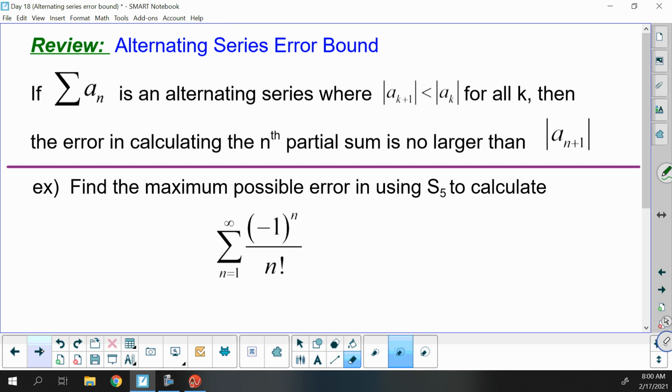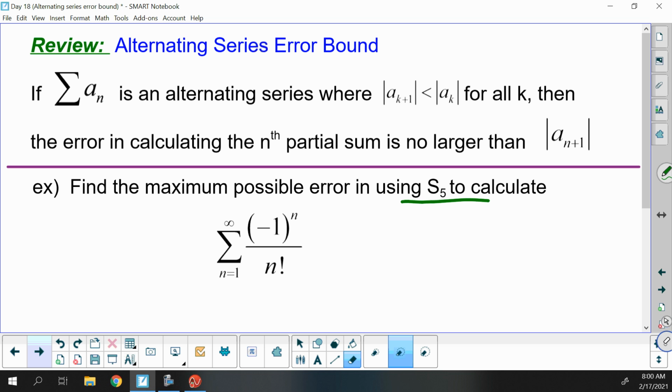Well, the other thing we looked at with alternating series was the alternating series error bound. And that said that our maximum possible error was just the absolute value of the next term. So in this first example, it is alternating because we've got the -1 to the n.